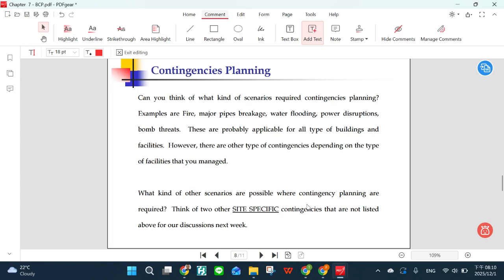They may have different specific contingency. Data center, nursing home, depending on the premises that you are managing, you may have very special site-specific contingency that other people don't have. So in case you are asked to do contingency planning, then you need to plan all this into your BCP.